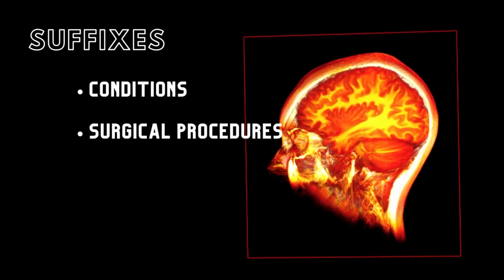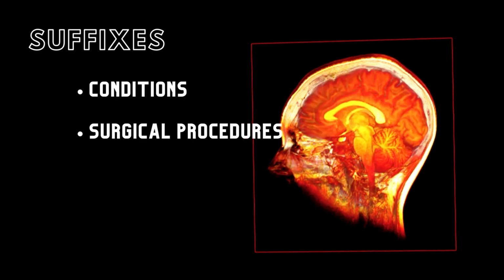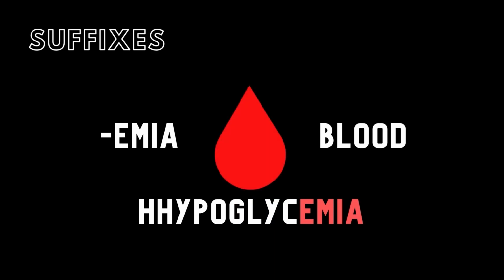Suffixes can be used to describe conditions that may be affecting a specific region or surgical procedures. The following suffixes can be added to a root word to describe a condition a patient may be experiencing. Algia means pain, as in myalgia. Emia means blood, as in hypoglycemia.